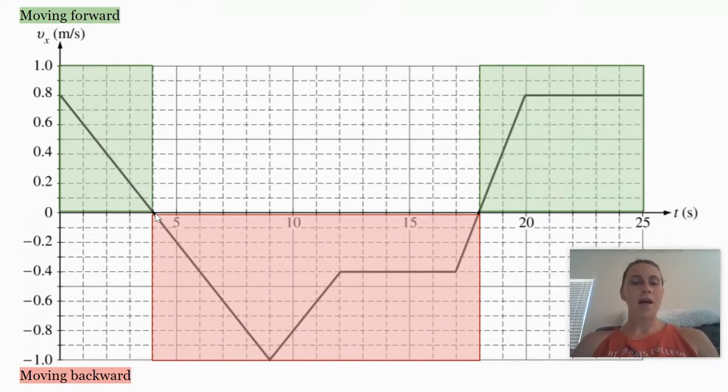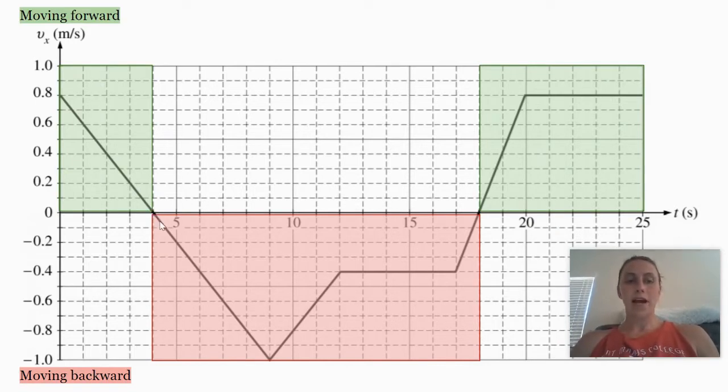Okay, then at this point, when the velocity is 0, this means we are still. So right here at 4 seconds, and then over here at 18 seconds, this is when we're actually standing still. So again, we are moving forward, but our velocity is decreasing. We're slowing down a little bit. But we're moving forward in the positive direction. Then we've come to a stop.